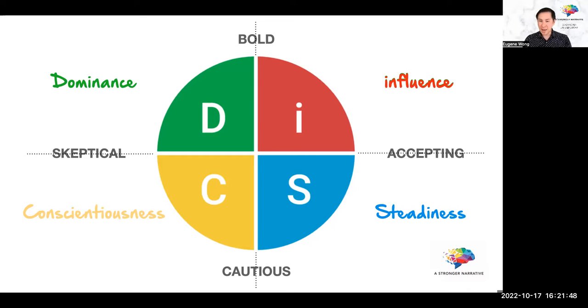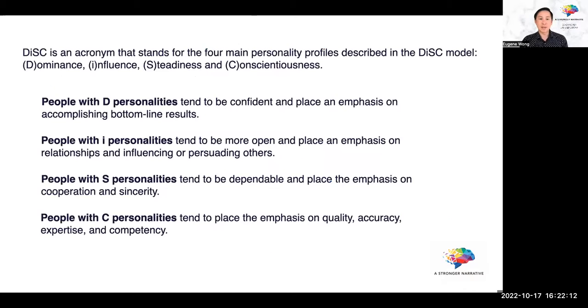They tend to lag behind and weigh up the situation more. Similarly, dominance and conscientiousness are more skeptical. They will question everything, whereas influence and steadiness are more accepting of what they're told and more likely to jump in and trust something by default.